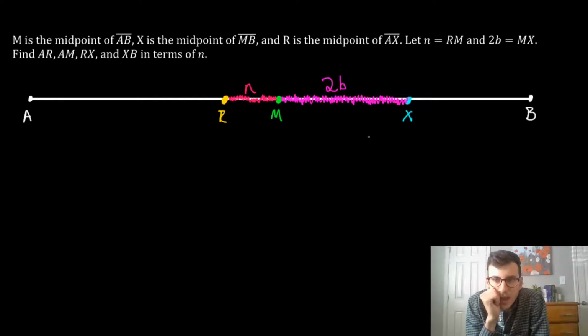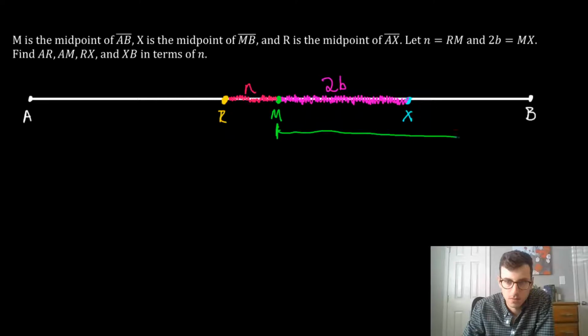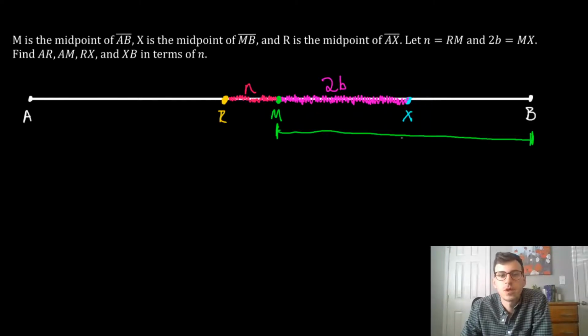Now we know that MX is 2B, and that X is the midpoint of MB. So in terms of B, what would the length MB be equal to? Since MX is half of MB, then MB would be twice MX, so that's 4B.